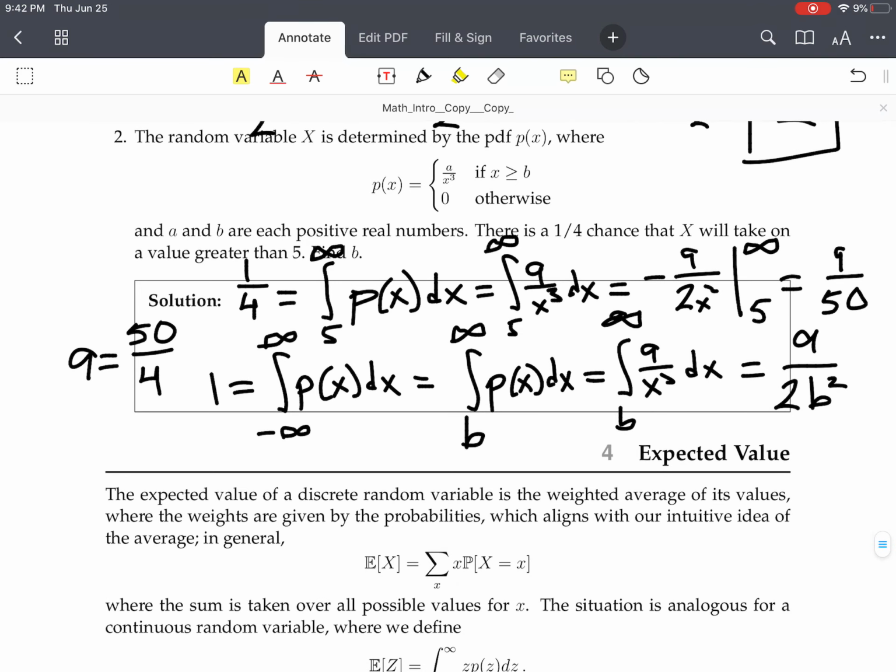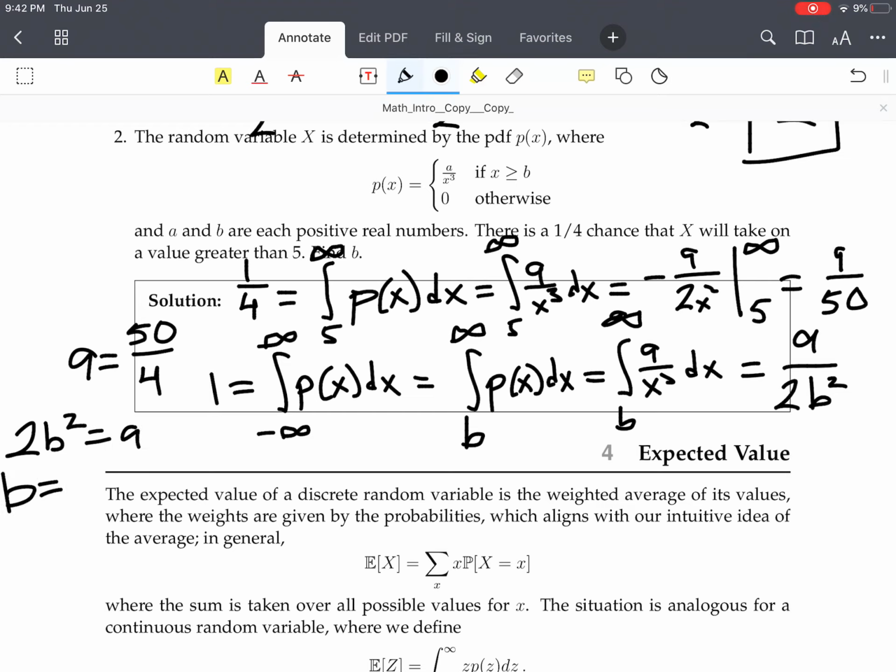Okay, and so now if I come back over here to the left side, sorry, I'm running out of some space, we know that 2b squared is equal to a, and so b is equal to the square root of a over 2, and if you plug in all the numbers and do the math, you'll get b is equal to 2.5. So that's this value right there. Sorry, I ran out of space on that.